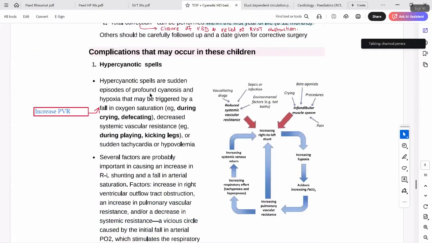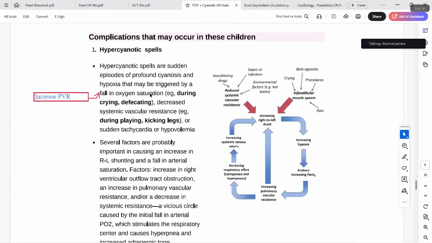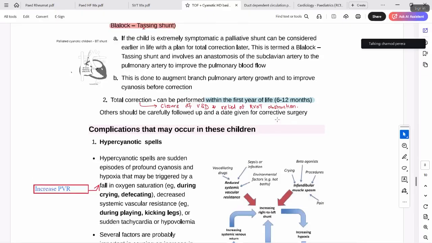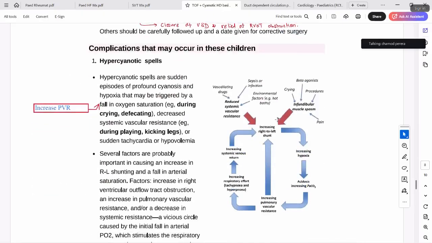So what happens in hypercyanotic spell is, it is given here. So there is some trigger like a hot bath or sepsis or whatever that is. Because of that trigger, there is a shunting of blood from right to left side. Because of the overriding aorta, the aorta is receiving blood from the right and the left side.